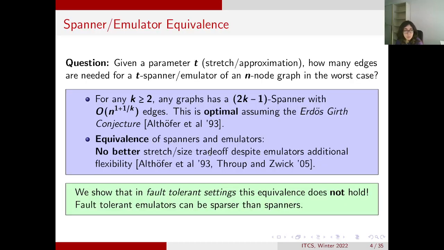But one message of this talk is that in the fault-tolerant settings, this equivalence no longer holds. In particular, we can construct fault-tolerant emulators that are sparser than the equivalent spanners. Before I tell you what all this means, let me define what a fault-tolerant spanner or emulator is.